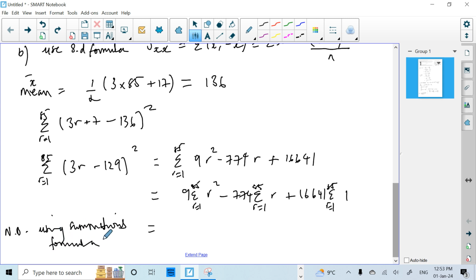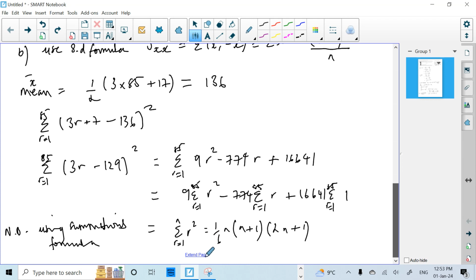Which is, the sum from r equals 1 to n of r squared, which is given by one sixth n times n plus 1 times 2n plus 1.